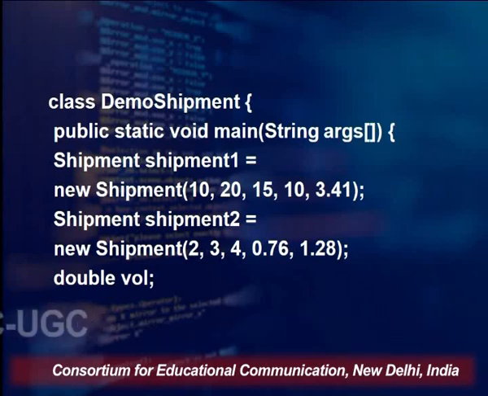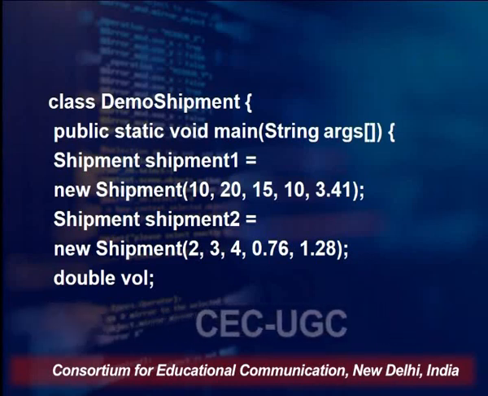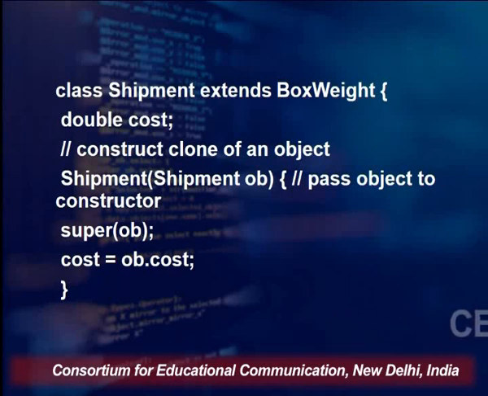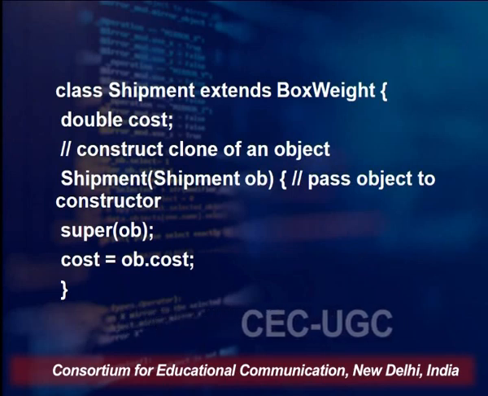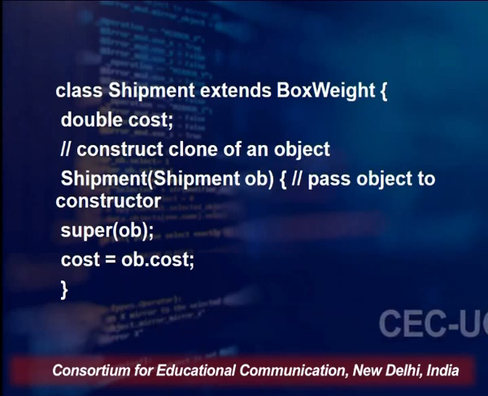And I have told you already that just for the sake of simplicity, I have not shown that particular constructor, but yes, you can make one constructor Shipment in which you can pass 5 variables.